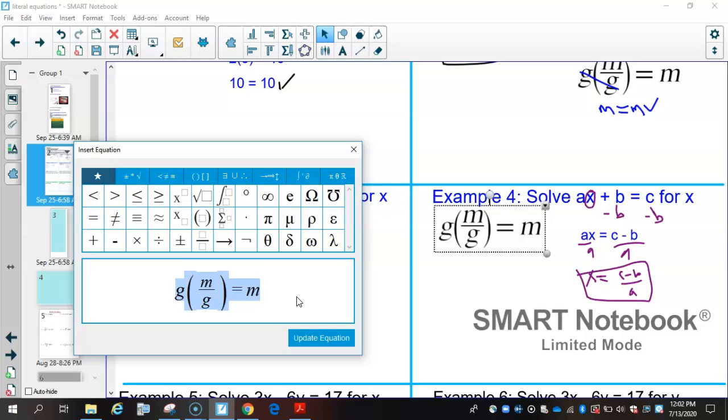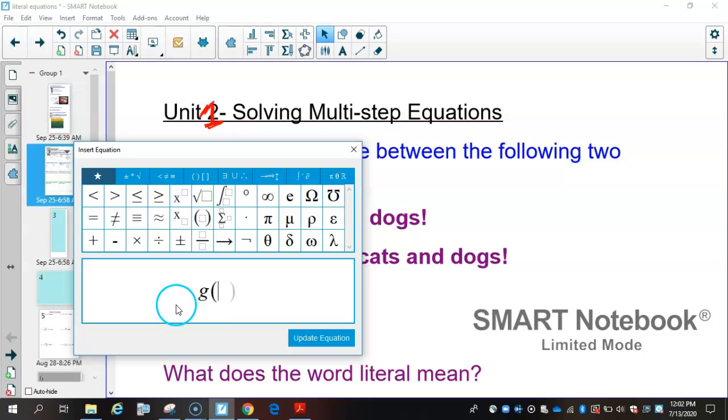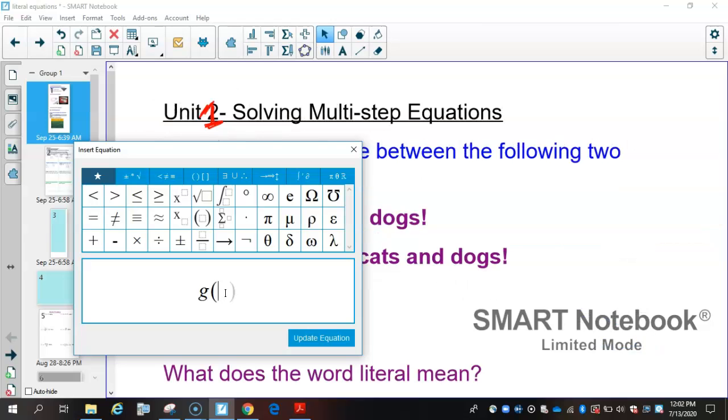Maybe. There we go. It wasn't working at first. I don't know why this is not working today. Backspace.